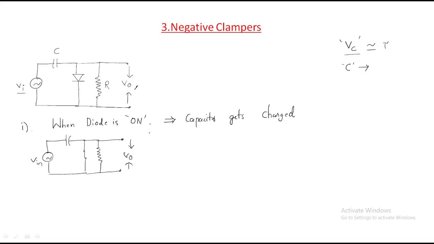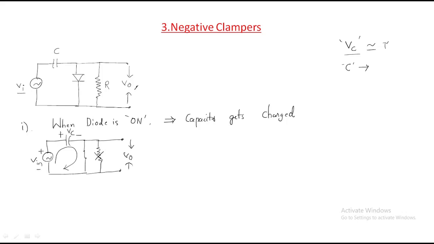Then for the positive supply, the current will flow like this. There is no use of the resistor. So now we can write an equation between the input voltage and the capacitor voltage.